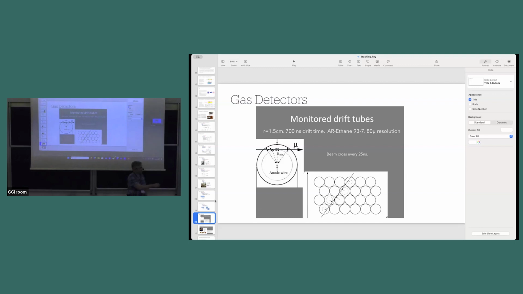That gives you a radius from that wire, if you know how fast the signal travels. Then with pattern recognition, you get a bunch of circles of possible trajectories of the muon, and with particle tracking you can draw a line that is tangential to all of those circles.